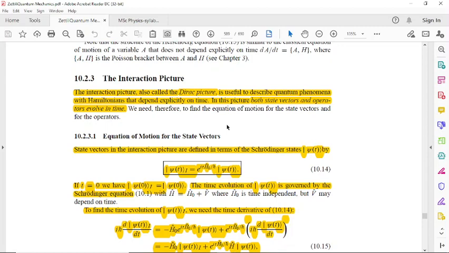State vectors in the interaction picture are defined in terms of the Schrodinger state ket psi of t. Ket psi of t in the interaction picture is equal to e power i t H0 by h cross ket psi of t. If t equal to 0, we can write ket psi of 0 I equal to ket psi of 0. The time evolution of ket psi of t is governed by the Schrodinger equation at t0.